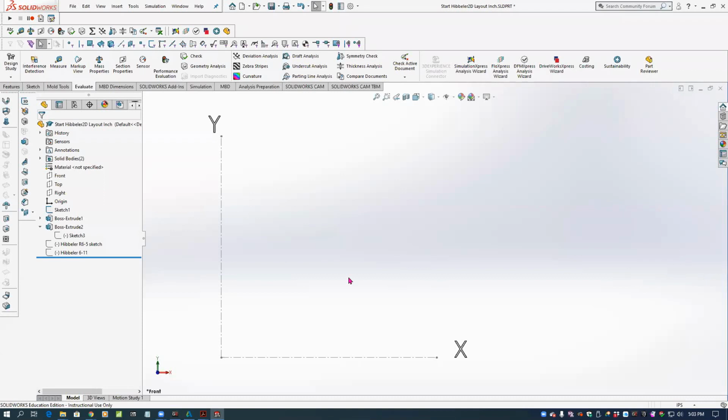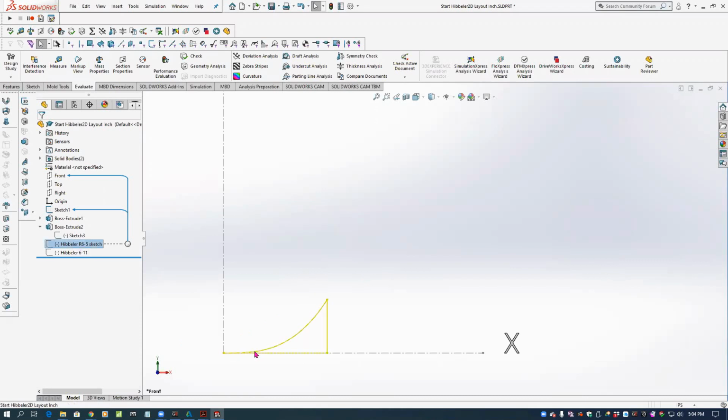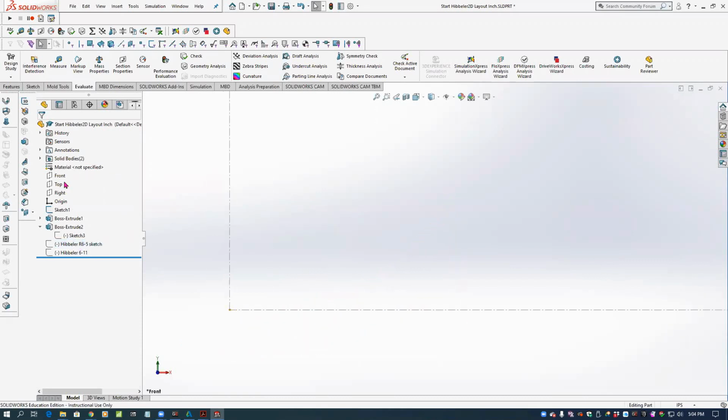Well, I told you that I would demonstrate how to create these functions. This is from Hibbeler's Statics and Mechanics of Materials textbook, 5th edition. And I've already created this one here before that we used in our little tutorial. So let's just recreate that.